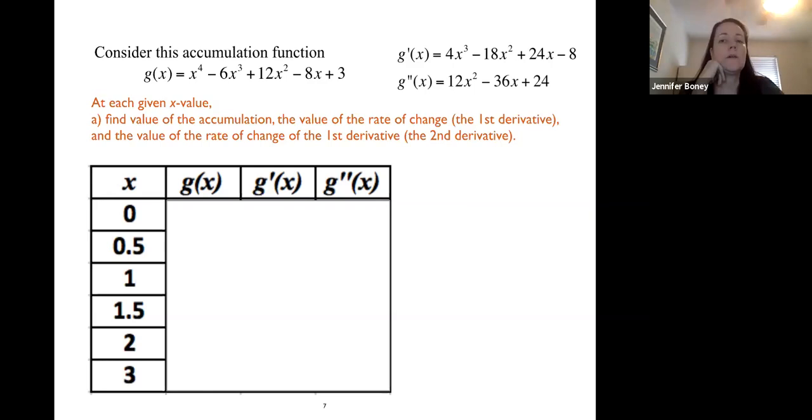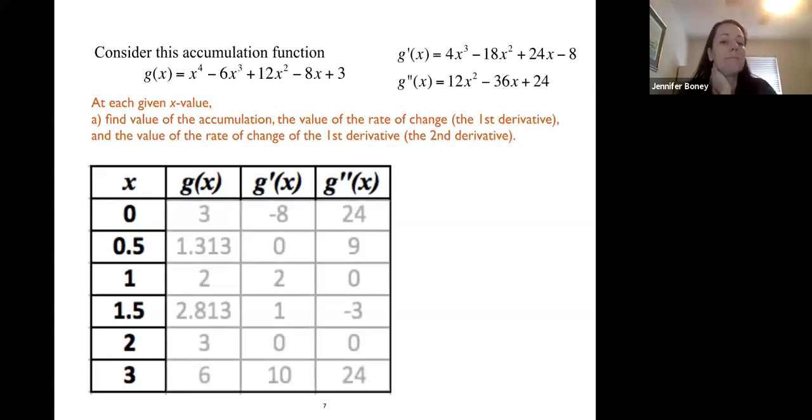I'm going to show them here in just a moment. We're going to look at what the patterns in the function values, what the patterns in the first derivative values, and what the patterns in the second derivative values each tell us about the function. And each one can tell us more than the others.